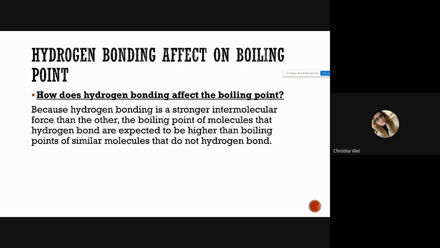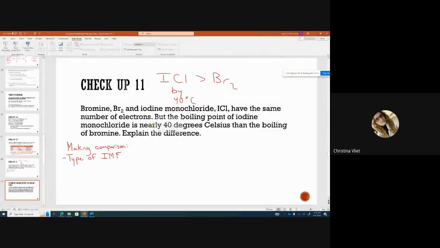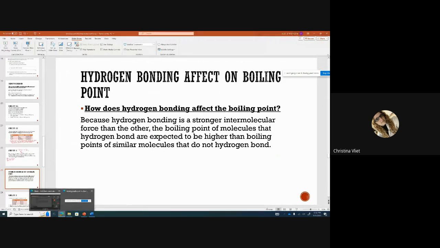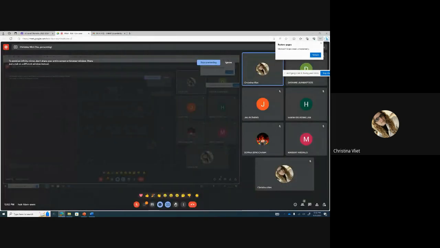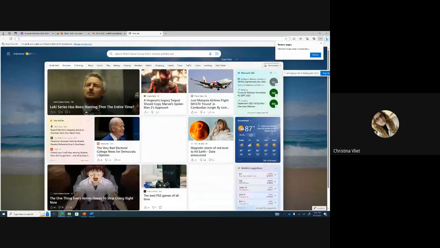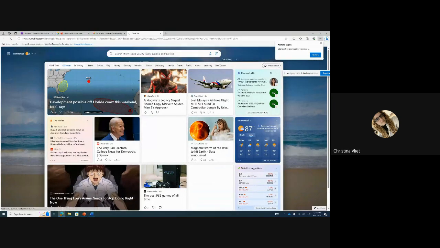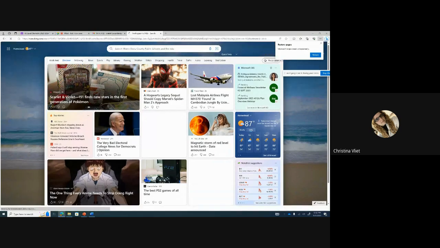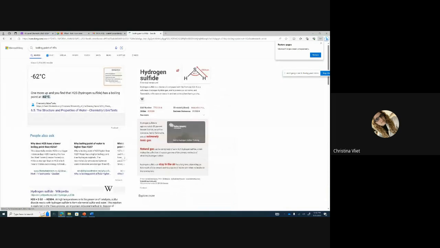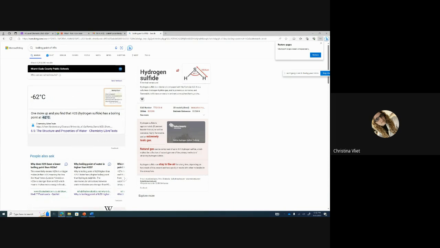And so other molecules of a similar molar mass, let's take a look at one real quick. H2S is heavier than water, has more electrons, right?